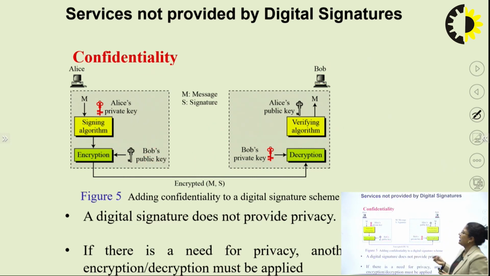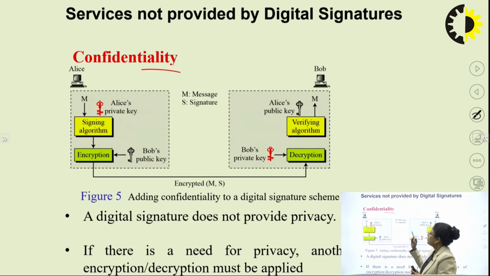So the point is, digital signature offers authentication and confidentiality again works through the public key system, but they are a little bit similar in the sense that both digital signature and confidentiality work on a public key or asymmetric key system, where we have pairs of private and public keys.